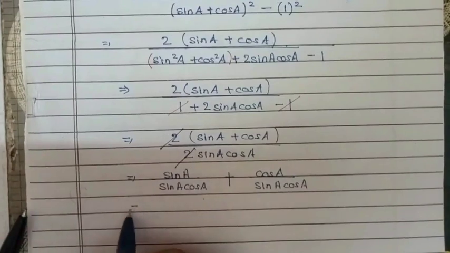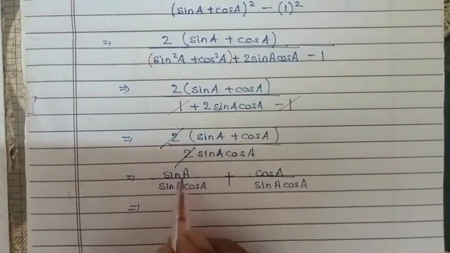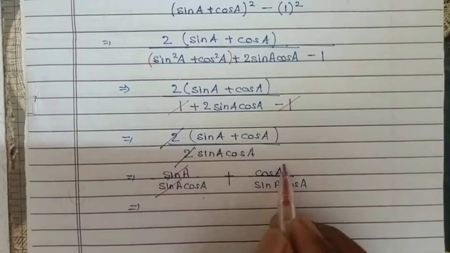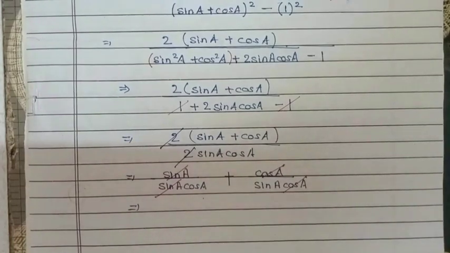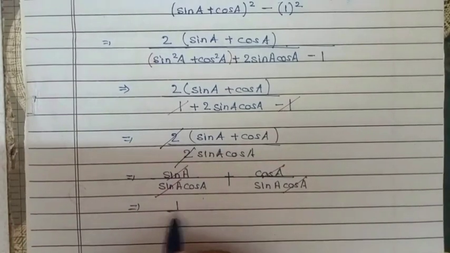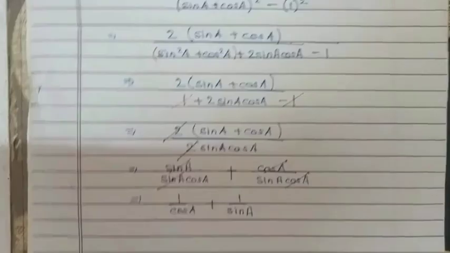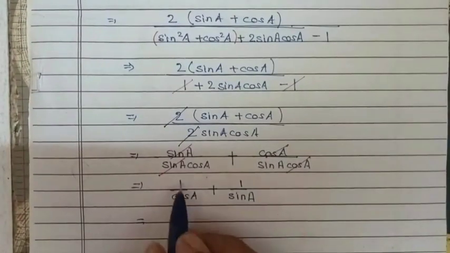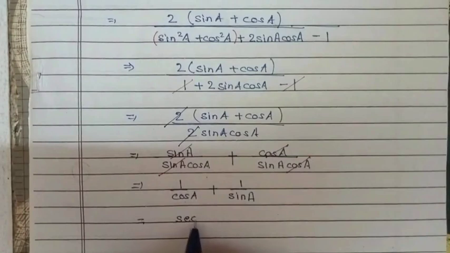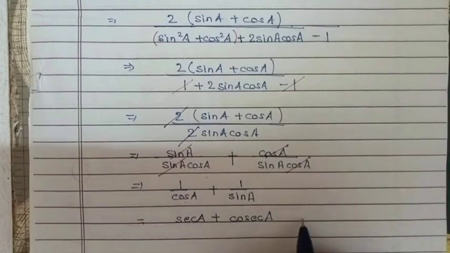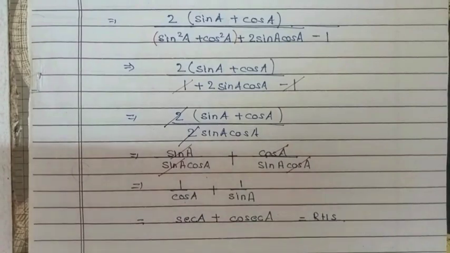Now see, here sine will be cancelled out, cos will be cancelled out, so you are left with 1 upon cos plus 1 upon sine. 1 upon cos is sec A, 1 upon sine is cosec A. So this is what was required on the right hand side. See? Hope this is clear to you.